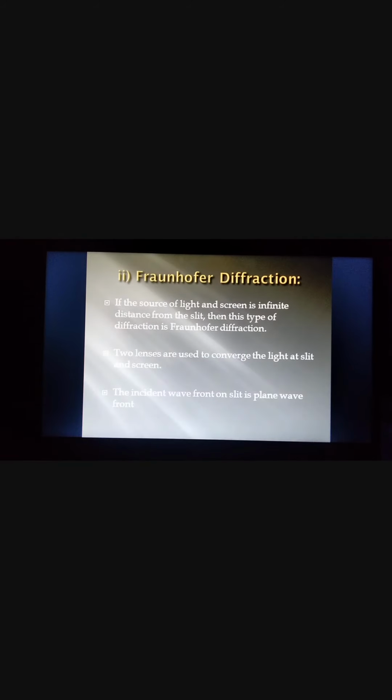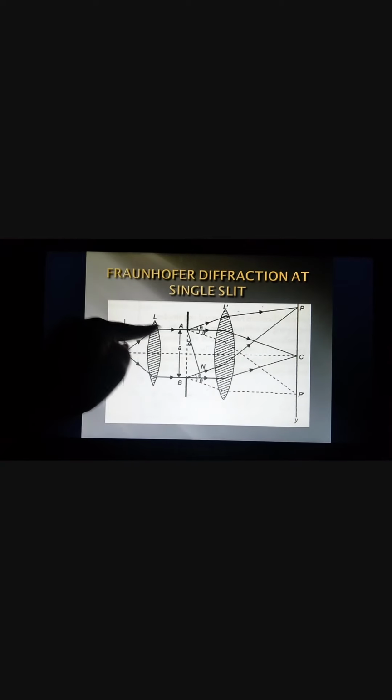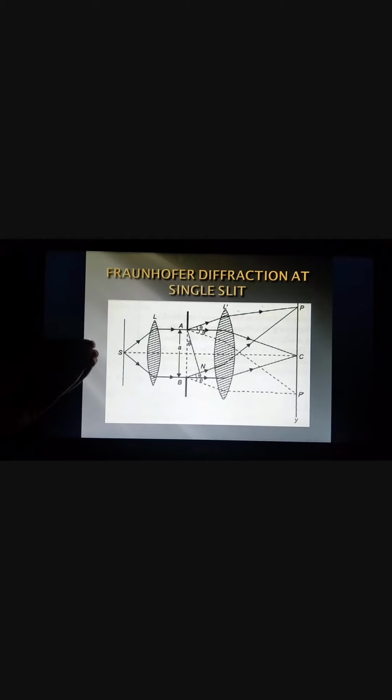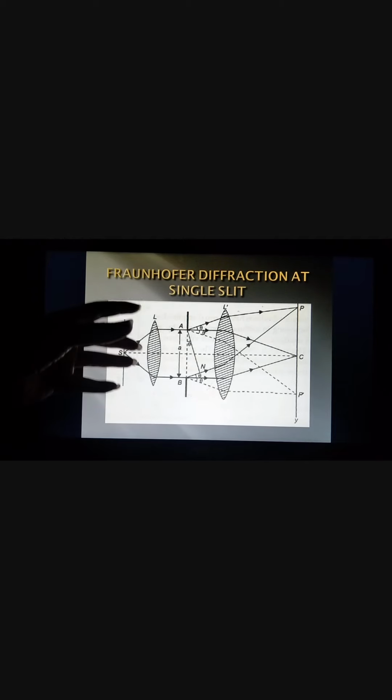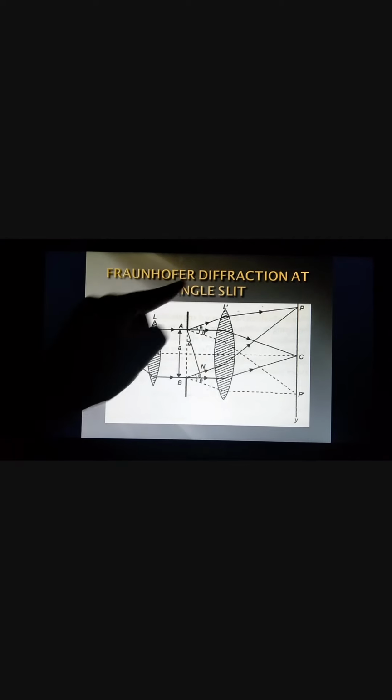We have just shown that the incident wavefront is the parallel wavefront. I told you before that for parallel rays the wavefront is always plane, and for a point source the wavefront is always spherical. So here we are converting the spherical wavefront or the diverging rays into parallel rays or a plane wavefront.